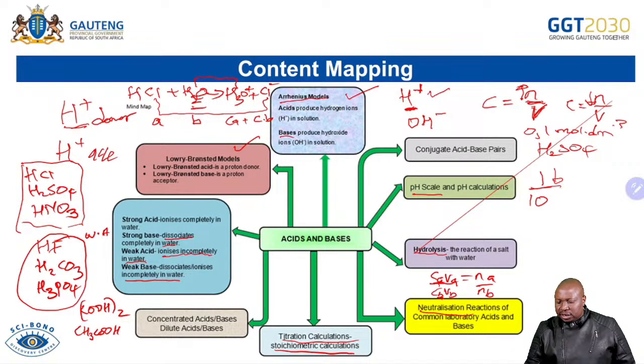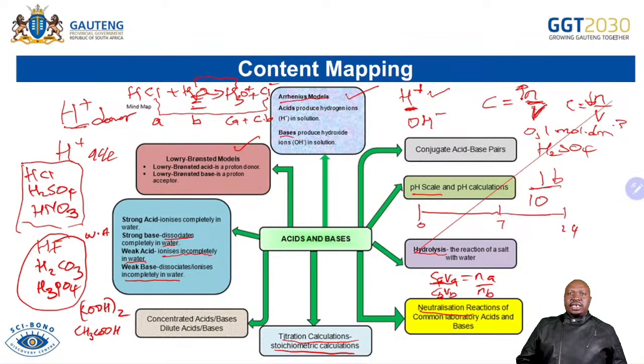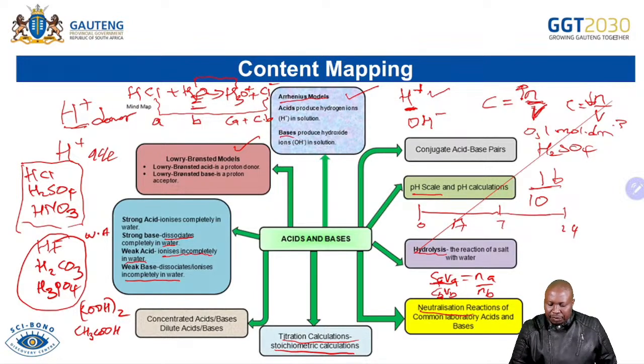Remember, our pH scale runs from 0 to 14. Anything less than 7 is acidic. But the strength of an acid is to the left, which means that at 1 or 2, we're talking about strong acids. But going right towards 7, you get weak acids.